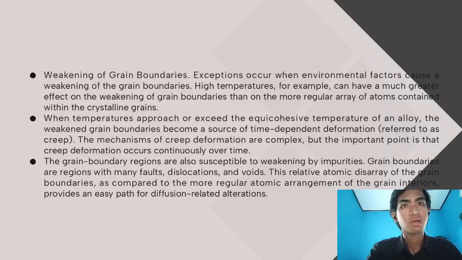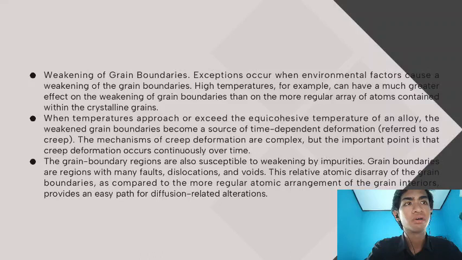This relative atomic disarray of the grain boundaries as compared to the more regular atomic arrangement of the grain interiors provides an easy path for diffusion-related alteration. Grain boundaries are thus preferential regions for coagulation and segregation of impurities.